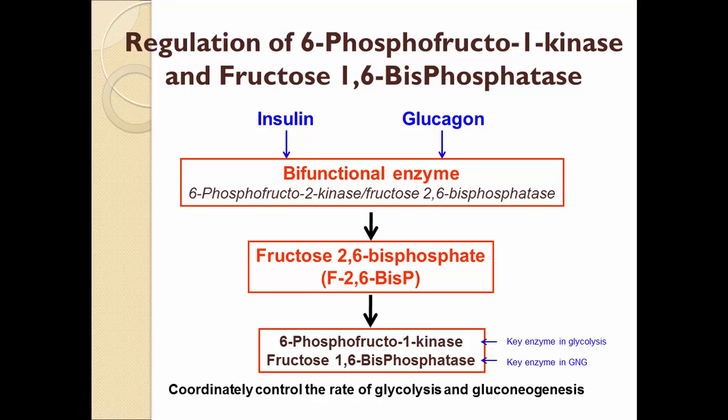So insulin and glucagon directly regulate activities of bifunctional enzymes, right? And the main function of bifunctional enzyme is to catalyze the formation or generation of fructose 2,6-bisphosphate. This is again the key substrate that directly regulates the two key enzyme activities in glycolysis and gluconeogenesis, right? The relationship, is that clear?